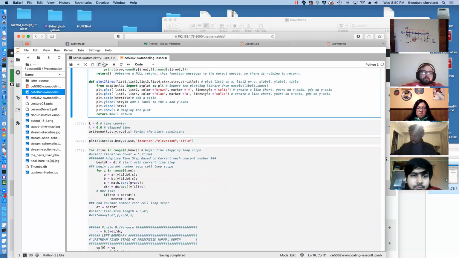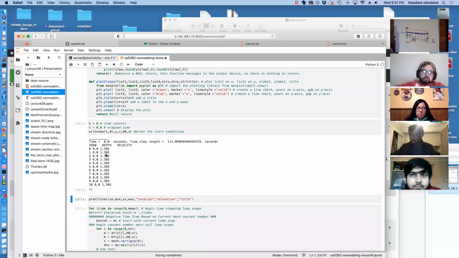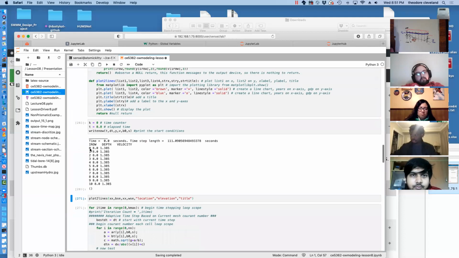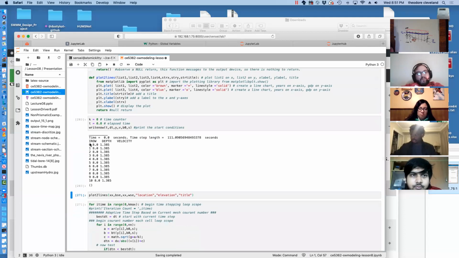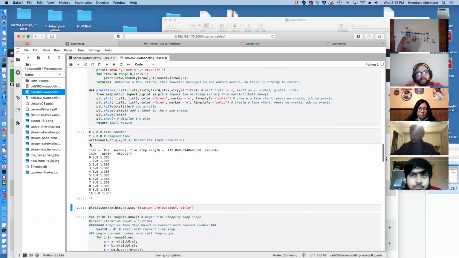So let me go ahead and run those. So those are now loaded into the computation environment. We're going to set our time counter to 0 and our elapsed time counter to 0. We will print the start conditions. And so currently we don't have spatial locations associated with it, but position 0 is the left edge of this drawing, and position 10 is down here.